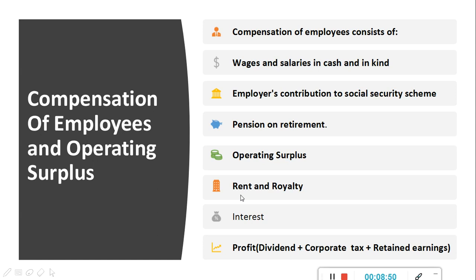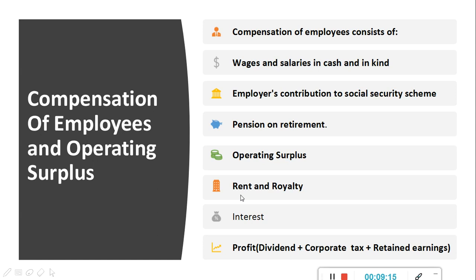And the last part of operating surplus is profit. Profit is comprised of three parts: dividend, corporate tax and retained earnings. The first part of profit, that is dividend, is paid to the shareholders. The second part, corporate tax, is paid to the government on the total profit earned by the corporate sector.